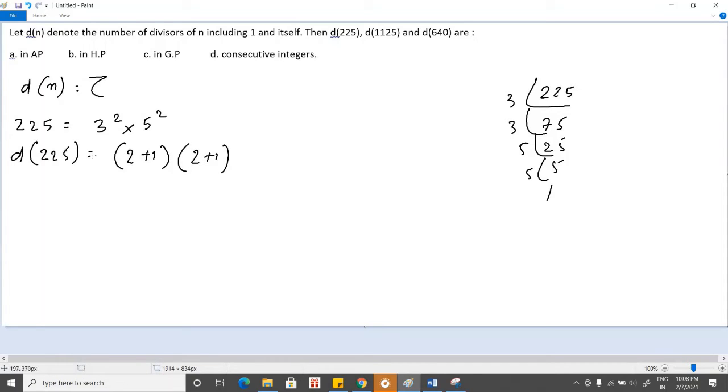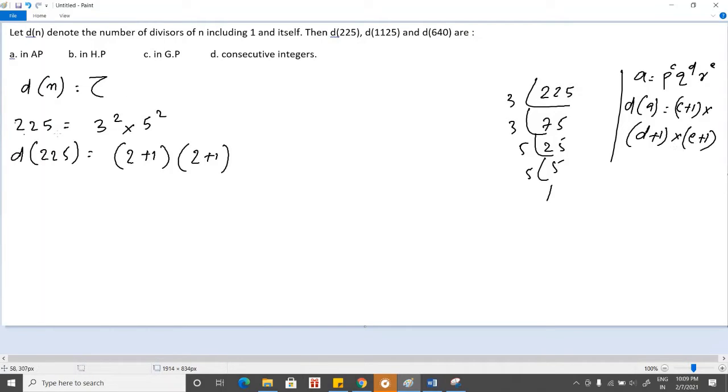This is how the D function or the tau function works. Say if a number a can be written as p to the power c into q to the power d into r to the power e, then D of a gives us the number of divisors of a, and it is c plus 1 into d plus 1 into e plus 1.